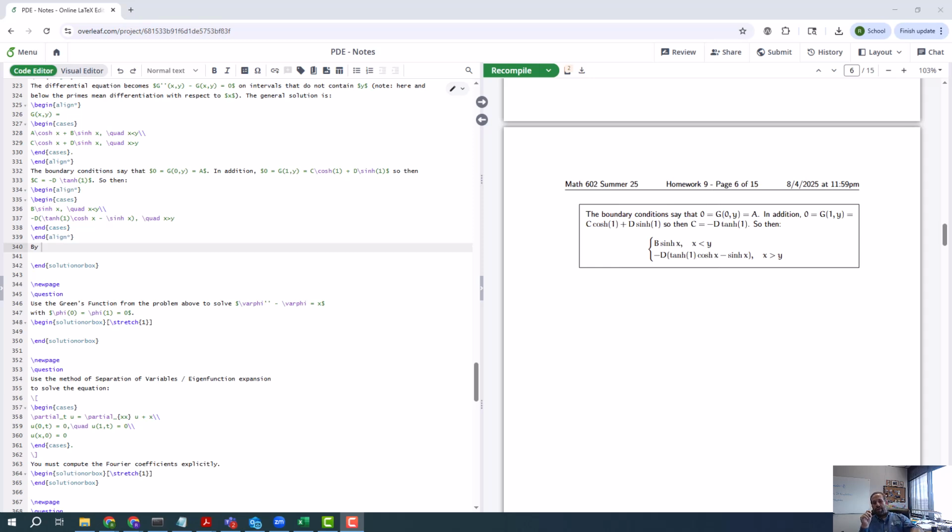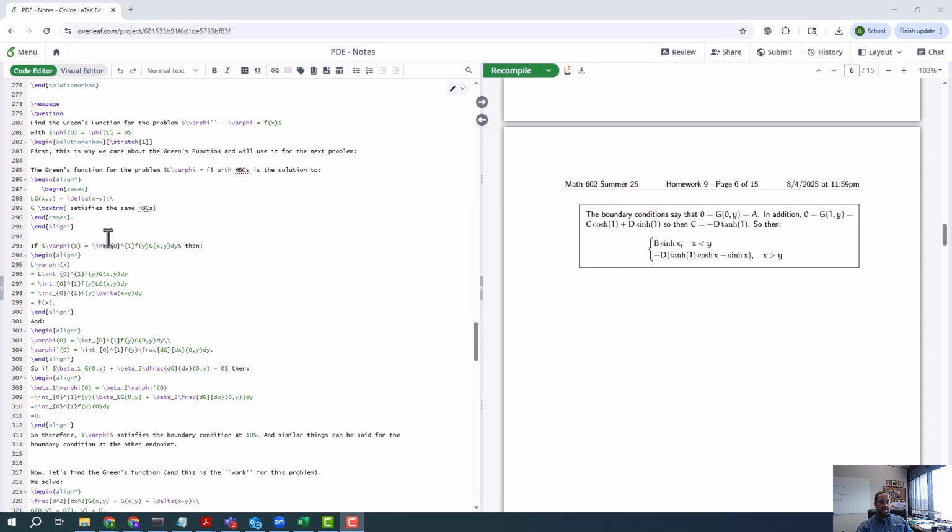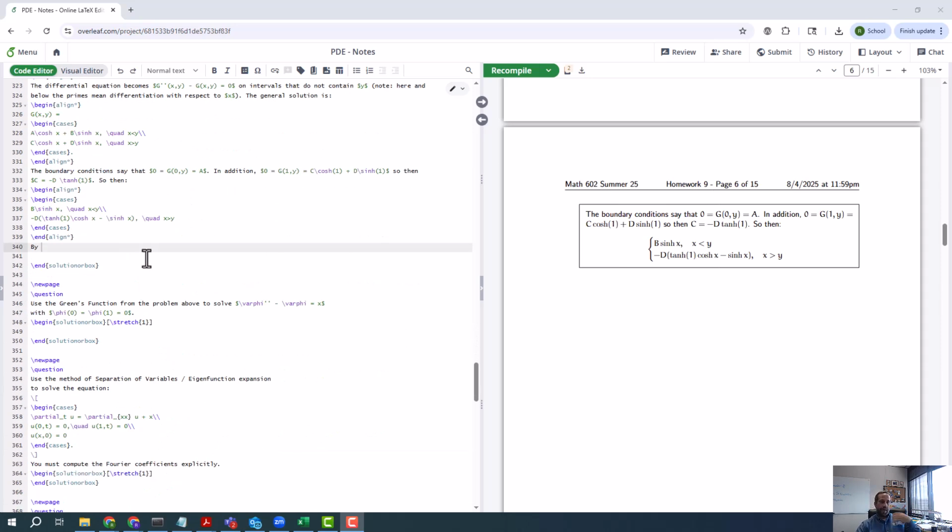If you do the derivative of f with the derivative of a delta centered at y, that gives you f prime of y. Okay, so in other words, if g has a jump discontinuity, its derivative is a delta, and then its second derivative is not going to be a delta. It's going to be something else. And so the equation that we used up here to show that phi of x defined in the way that we defined it satisfies the equation, that would no longer work.